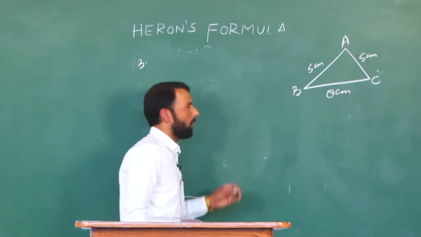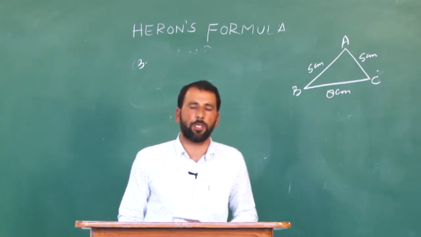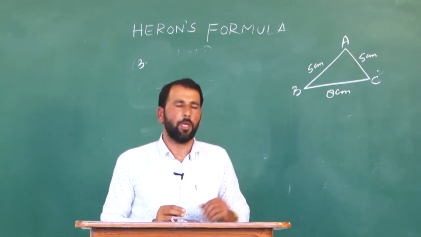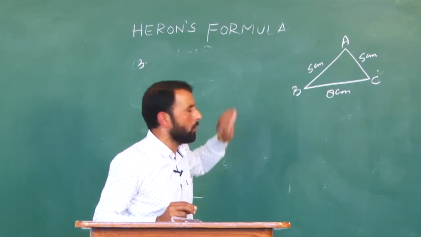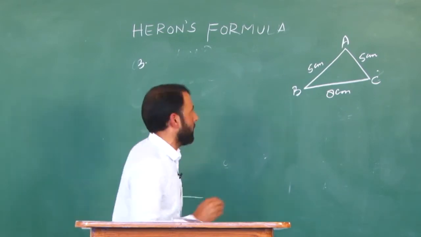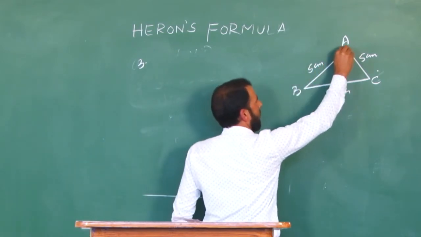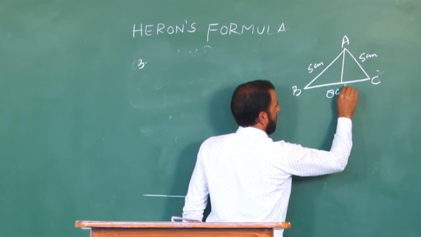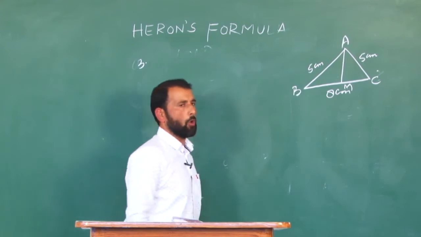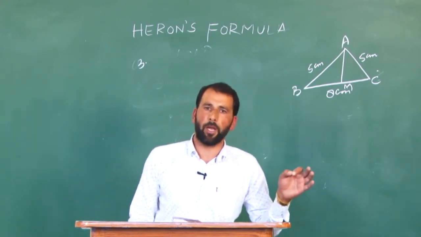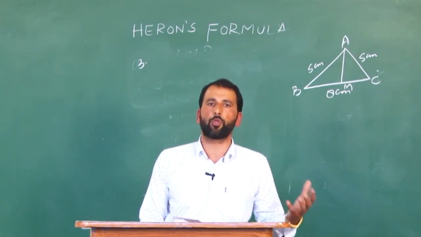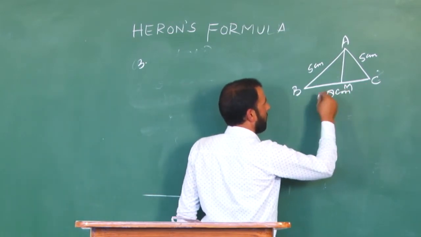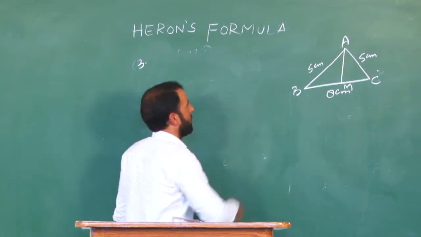Now we have to find the area of this isosceles triangle by using the formula 1/2 of base into altitude. We draw the altitude from vertex A on side BC, and let this altitude be AM. This altitude also divides the base BC into two equal parts. That means BM is equal to CM, both equal to 4 centimeter.